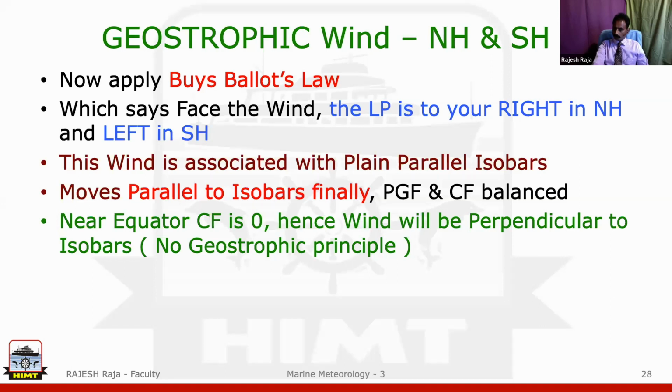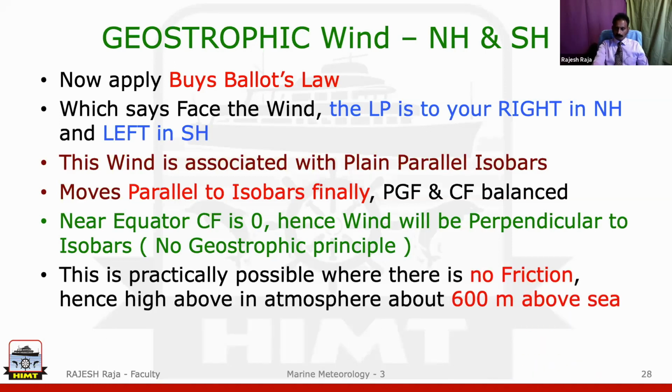If Coriolis force is 0, that means you have only your PGF. So if you look near the equator, you might find wind more perpendicular to isobars because there's no geostrophic principle.